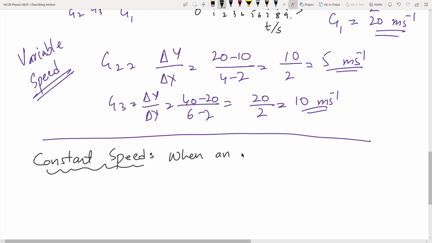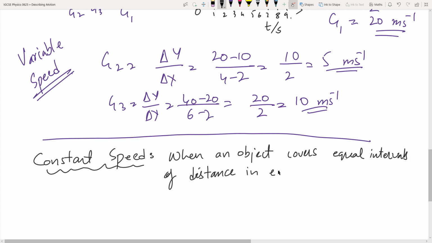When an object covers equal intervals of distance in equal intervals of time, that is when we call it constant speed.